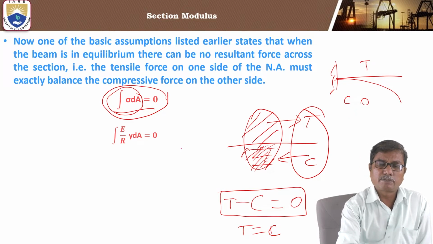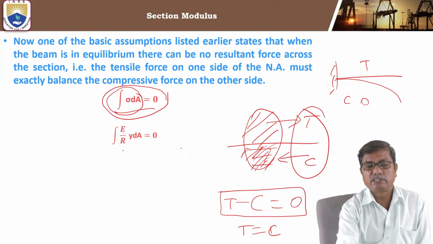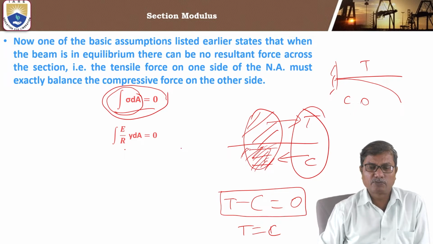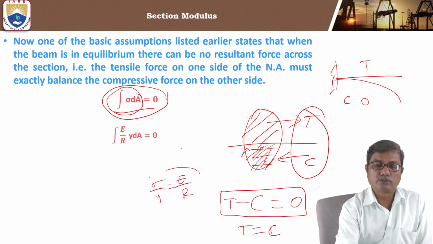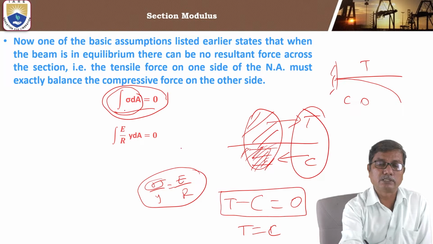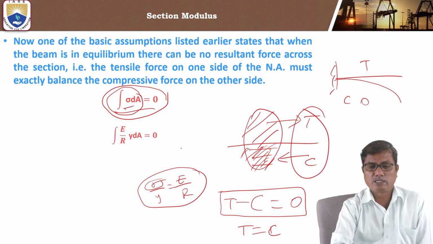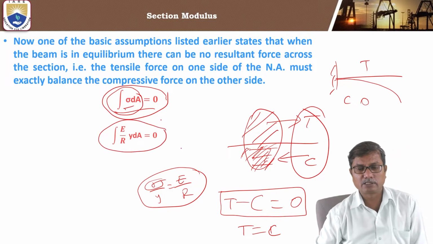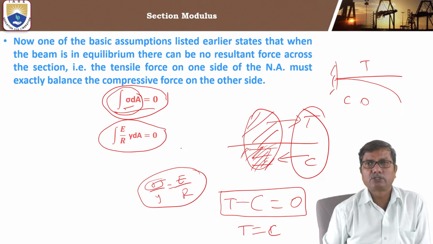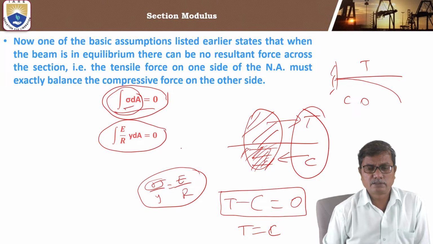So sigma can be replaced as E by R into Y. From the bending equation, we know that sigma by Y is equal to E by R. So from this, we can replace sigma in this equation by E by R into Y. So this equation will now be written like this, E by R into Y. And it is also known that E and R are constants for the given loading and material of the beam.